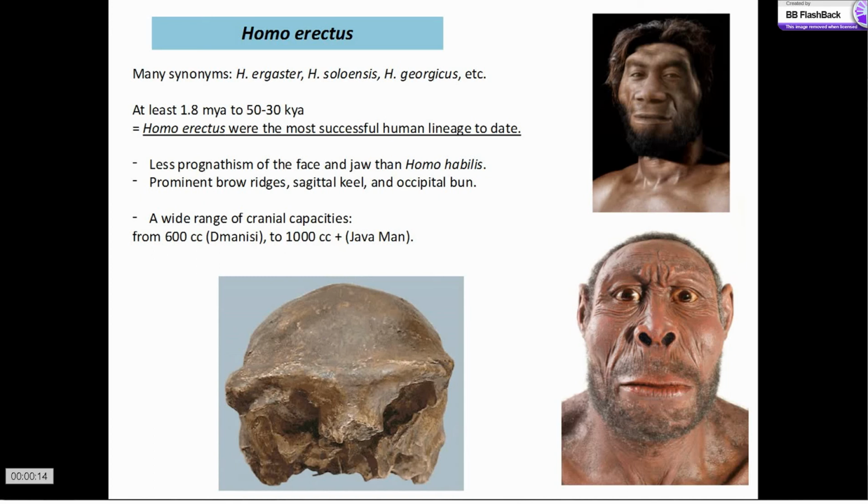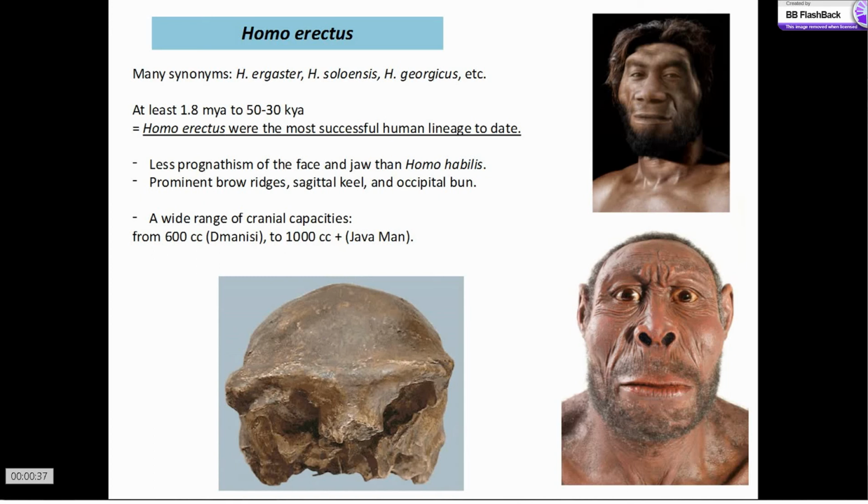So, okay, let's see here. What characterizes these guys? They had less prognathism of the face and the jaw than Homo habilis, so their faces were getting flatter. Their jaw was coming into line with the orbital plane, where the eyes are. They had really prominent brow ridges. I go over this in more detail in the bone demo.